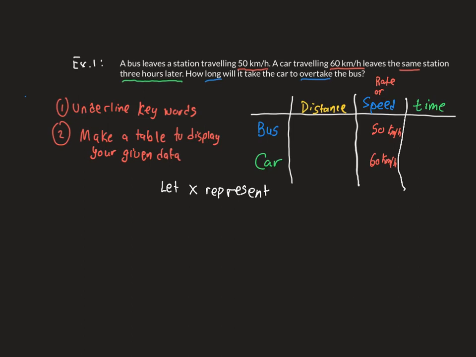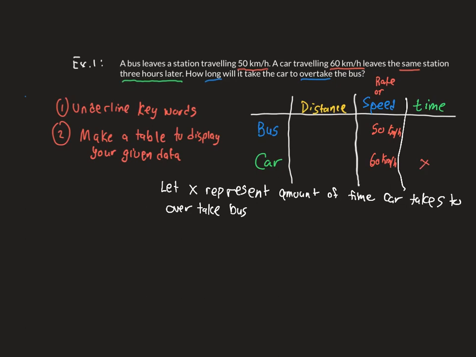So in this case, my unknown is how long it will take for the car to overtake the bus. Okay, so let's put that there. So my time should be x here.